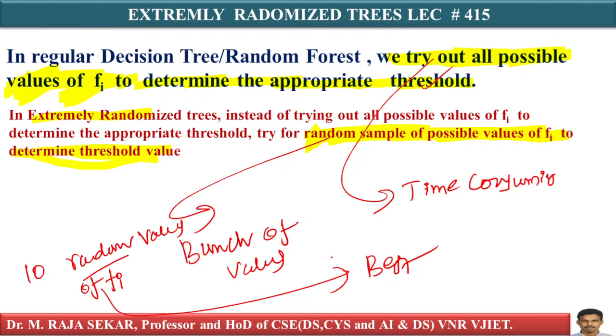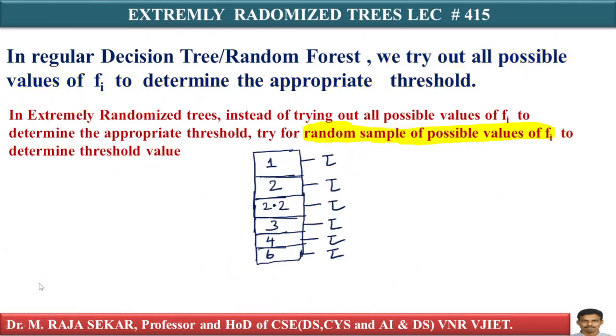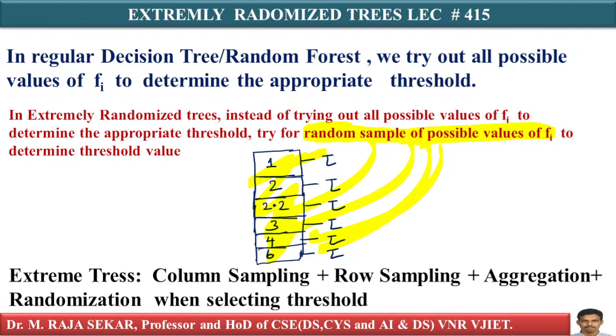Extra trees have, just like random forest, column sampling, row sampling, and aggregation. In addition to it, they have randomization when selecting the threshold. Here in a regular tree, we are trying all possible values, but in extra trees we are not.